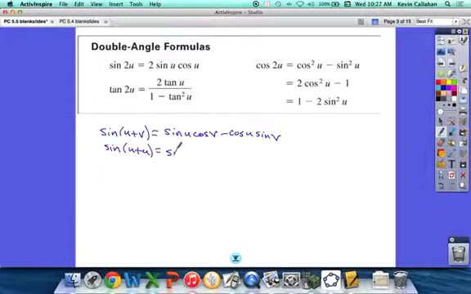So we get sine u cosine u. That's a plus, sorry. Plus cosine u sine u, which is 2 sine u cosine u. So if you just do the sum formula, but the angle is the same angle, then it simplifies to that. 2 sine u cosine u.